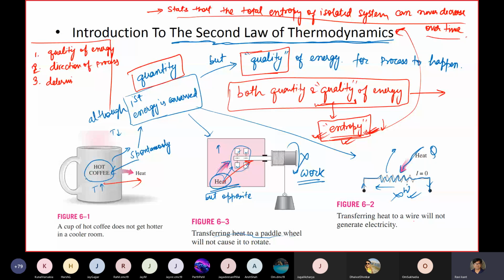We'll talk later in detail about what theoretical limit is, and based on that, a few statements are made, the Kelvin-Planck and Clausius statements.